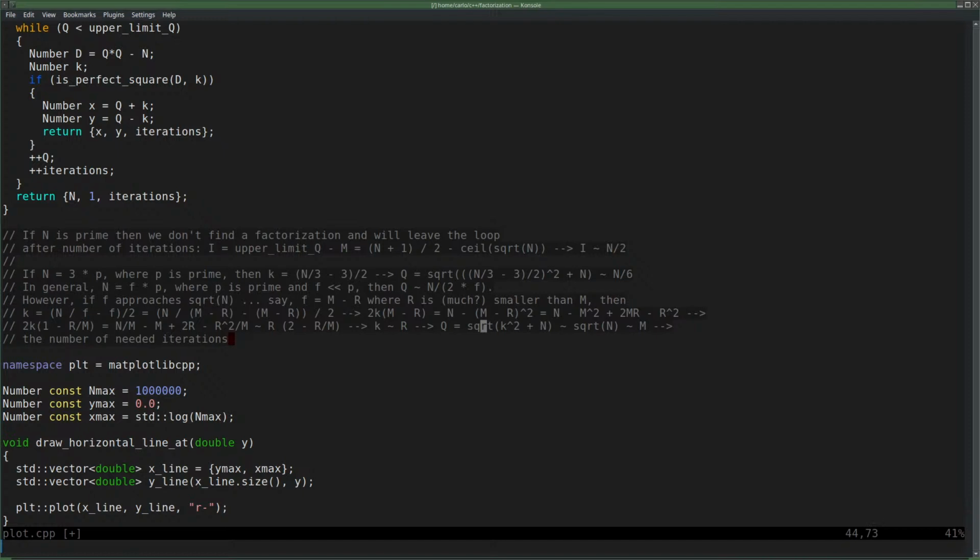Q equals the square root of k squared plus n. I'm gonna put n first, because it's larger.